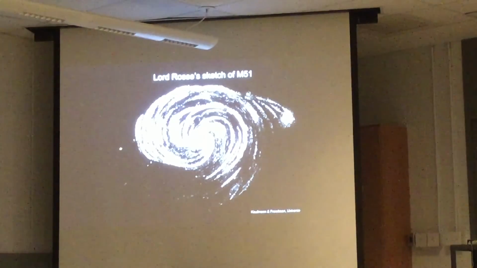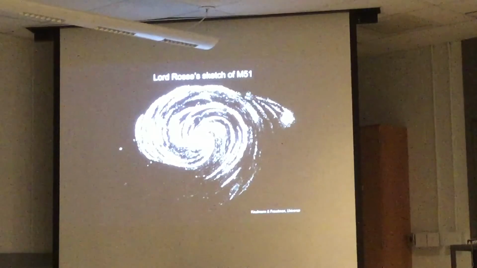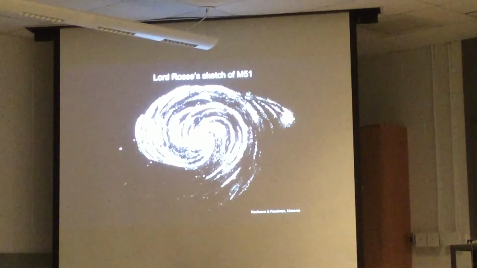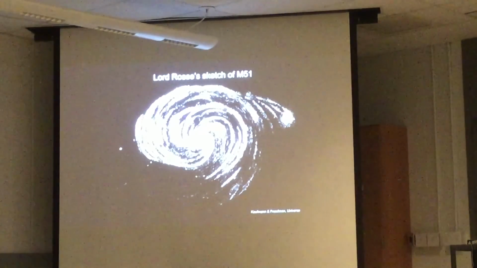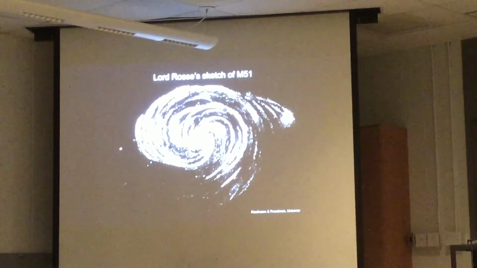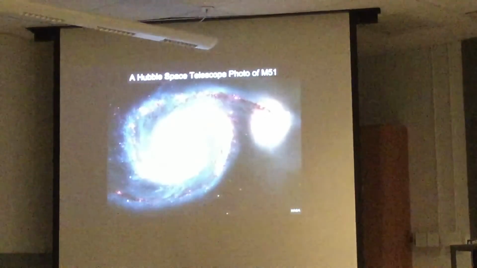The philosopher Immanuel Kant hypothesized that they were island universes, that they were other Milky Ways, essentially. And he didn't have any hard evidence for that, but he got it right. He got right the idea that the spiral nebulae were in fact separate islands of stars from our own Milky Way. That we do not live in the galaxy, that we live in a galaxy.